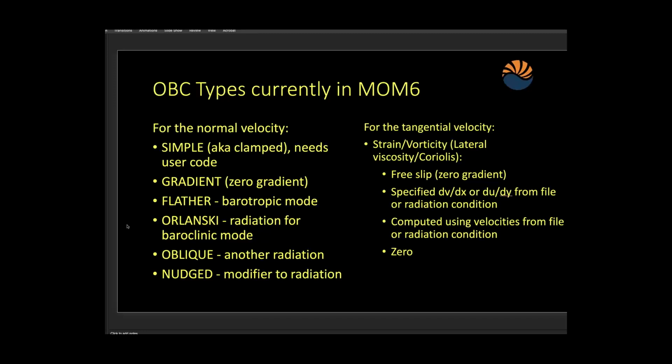We have radiation boundary conditions for the baroclinic mode that all date back to Orlanski, and variations of that, whether they're oblique or the ability to deal with information coming in or out of the particular domain with different timescales. So basically, you have boundary conditions for the barotropic and baroclinic modes and variations thereof.